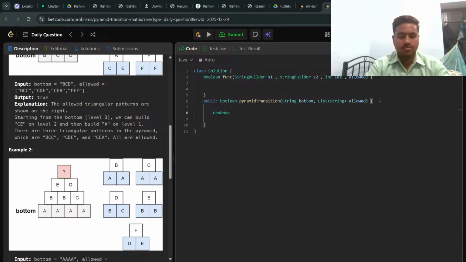HashMap with string keys, and I have to also take the values as a list of strings. Map is equal to new HashMap.